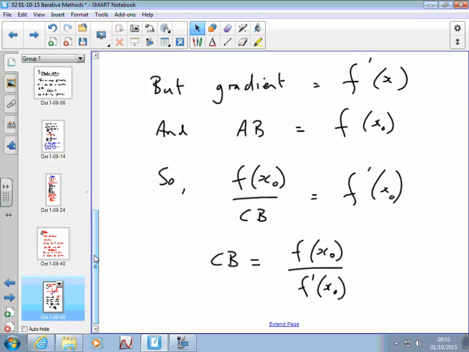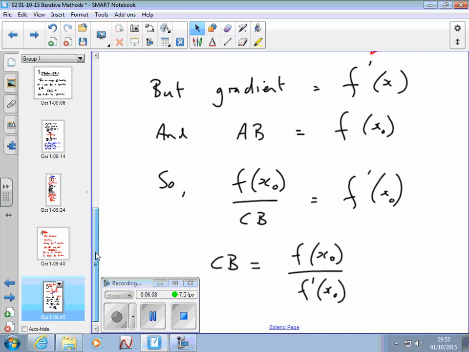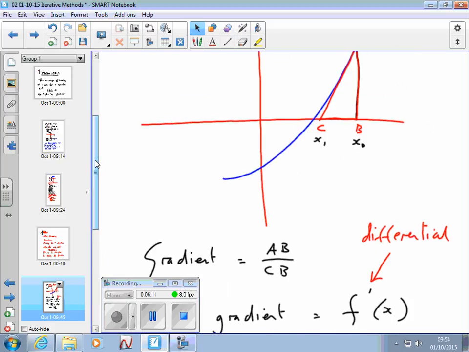Now, if we look at this, CB is important because CB is the difference between x0 and our new x1. So we can think of CB as being x0 minus x1.